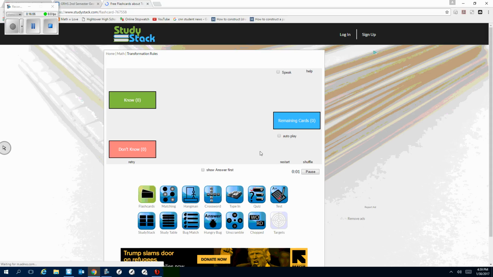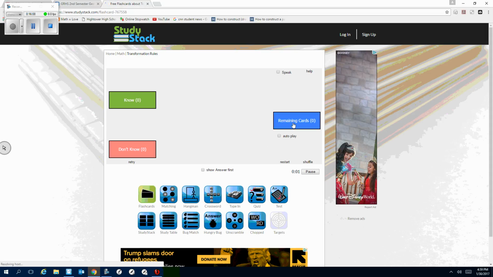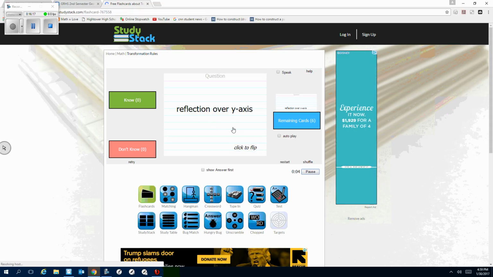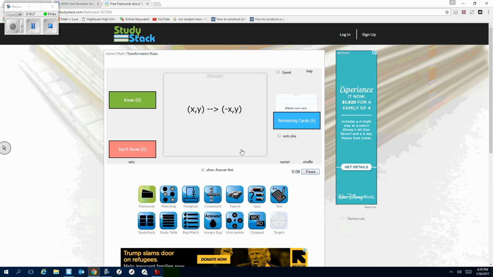it'll give you a card. Okay, so here it is. Reflection over the y-axis. So they want you to give the rule to this. So you click here and flip it to check to see if you got it. Now, if you didn't get it, say I don't know it. So it goes in that stack. Reflection over the x-axis.